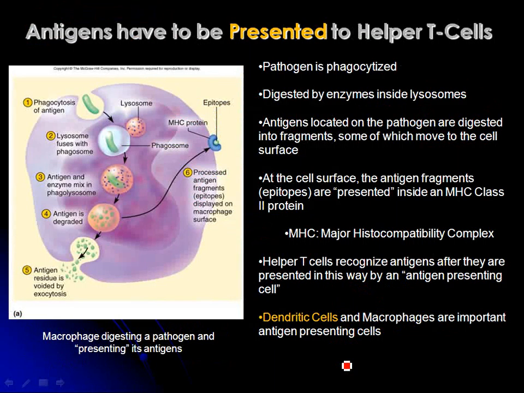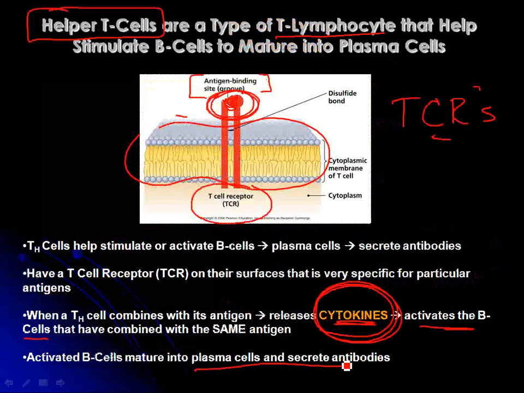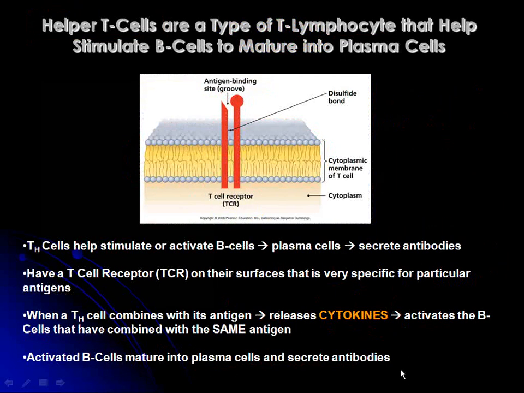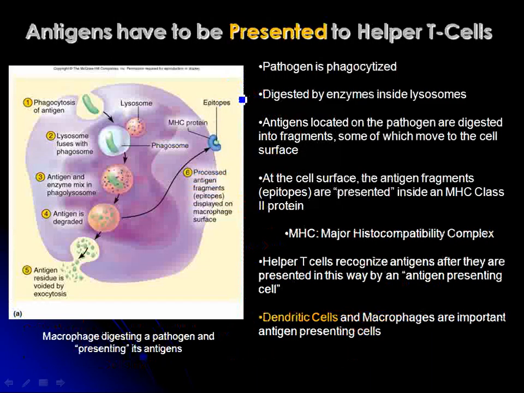Okay. Now, how does a helper T cell see its antigen? How does the antigen bind into that little binding site in the T cell receptor? Unlike a B cell, which can bind its antigens when those antigens are just floating around in a body fluid somewhere, or floating around in the lymph that's passing through a lymph node.